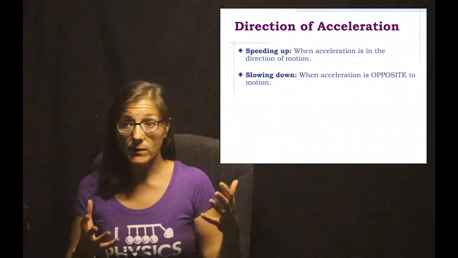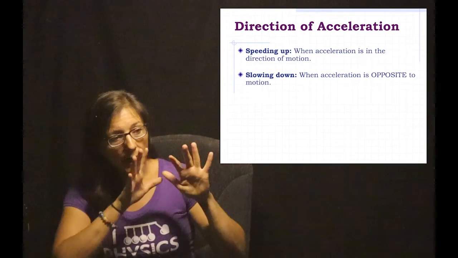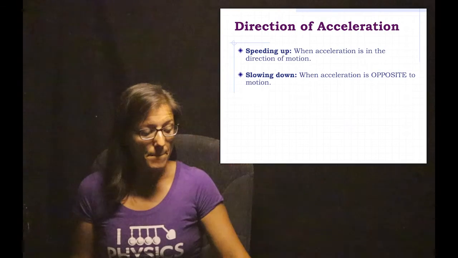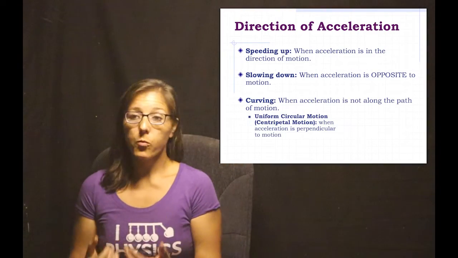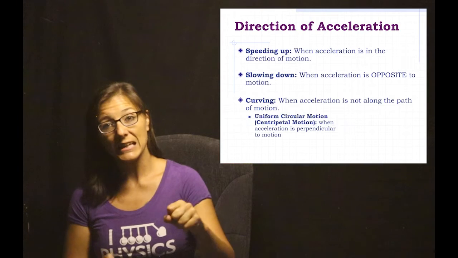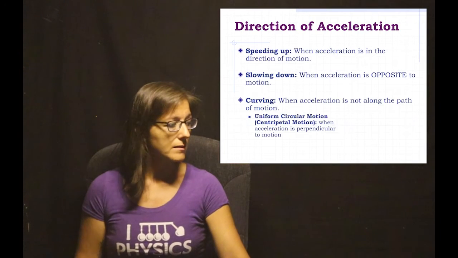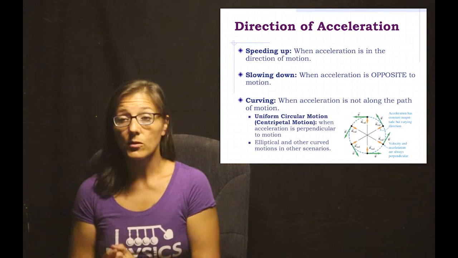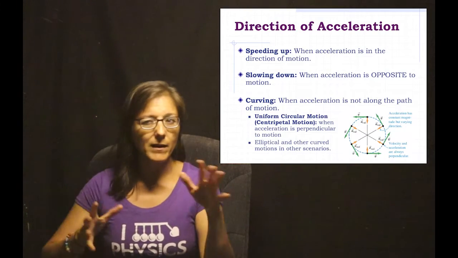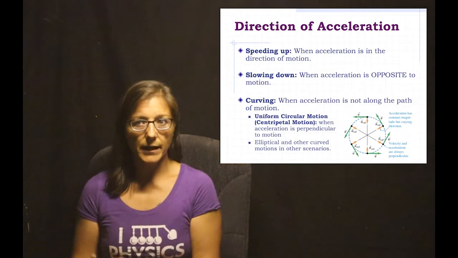So when you want something to stop moving, you're actually going to push against the direction that it's headed, right? And then when is it going in a curve? That's when we're changing direction. We're maintaining speed, but still accelerating. Uniform circular motion or centripetal motion is one thing that we may end up talking about here and there throughout the next couple of weeks.